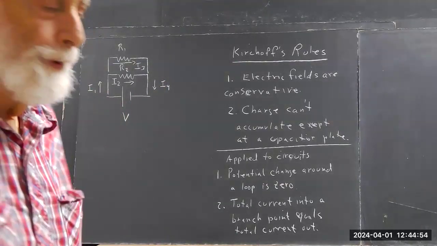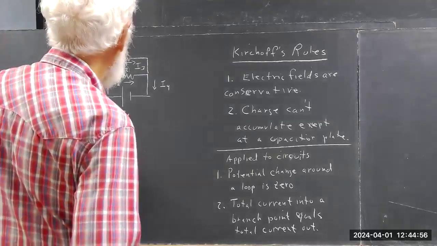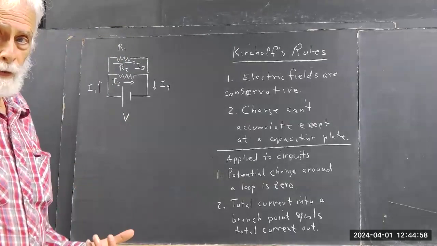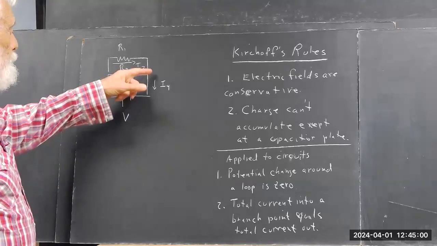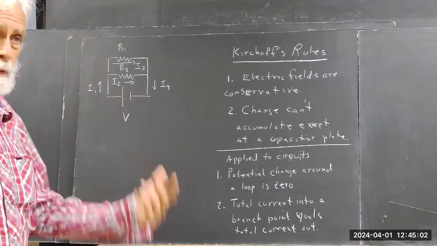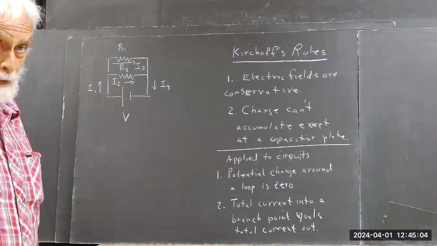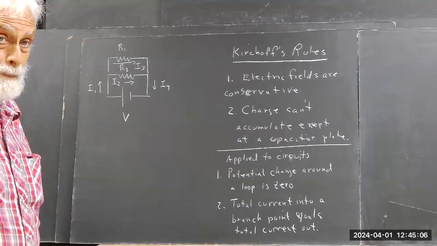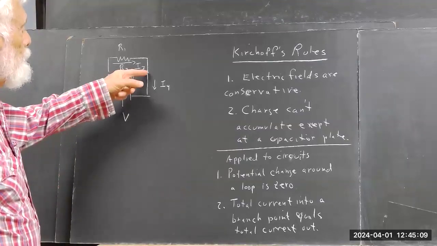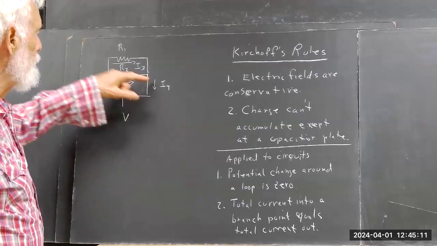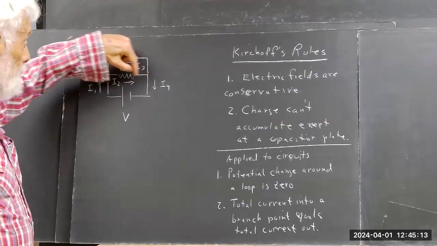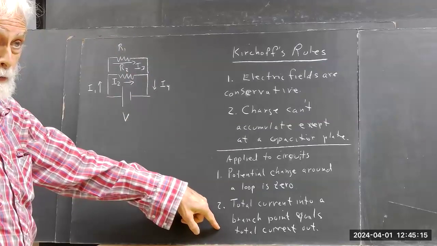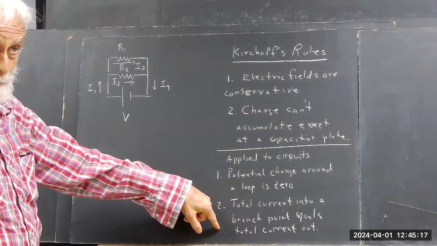Now it's going to turn out that this I4 is the same as I1 for several reasons. One is there's no branch point here, so the current can't split. So the current can't accumulate between here and here. There's no place for the current to accumulate. There's no capacitor there, right?